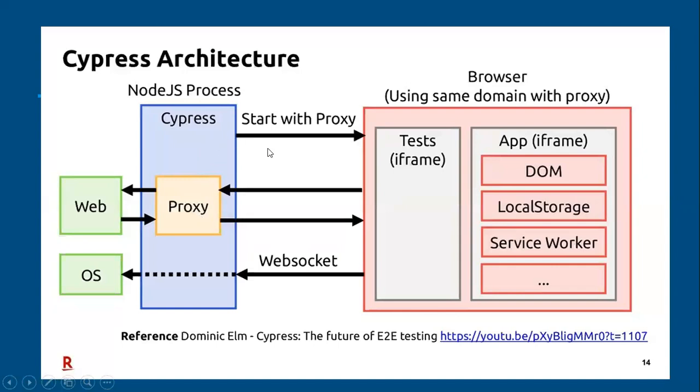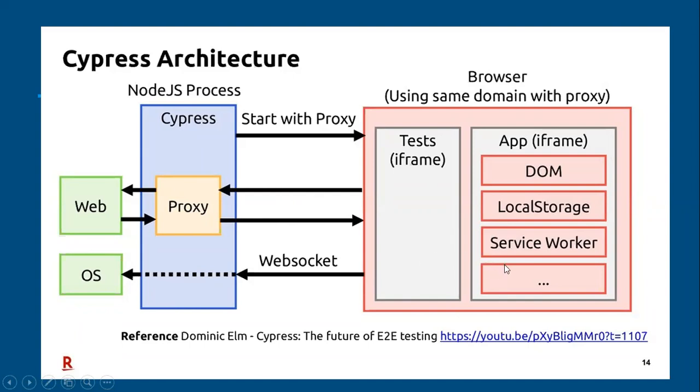When you start Cypress, it will turn the proxy on, and the browser works through the proxy. Any request will go through the proxy and go to the web, and back to the proxy and back to the application. And Cypress also works with the OS to do some actions like capturing the screen and capturing video through WebSocket.